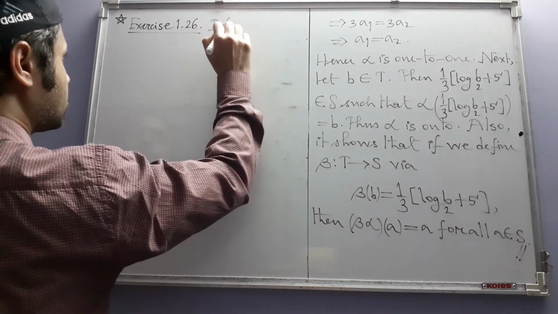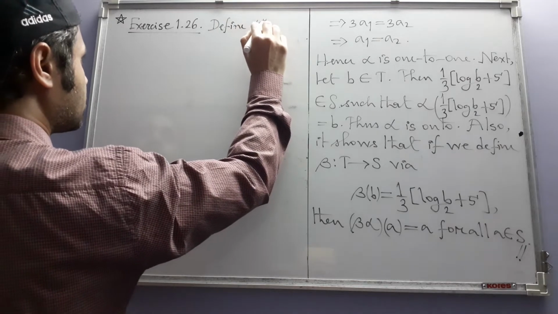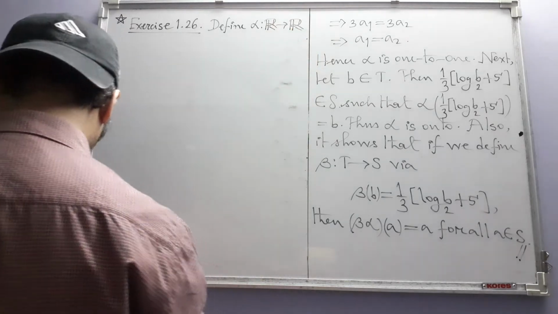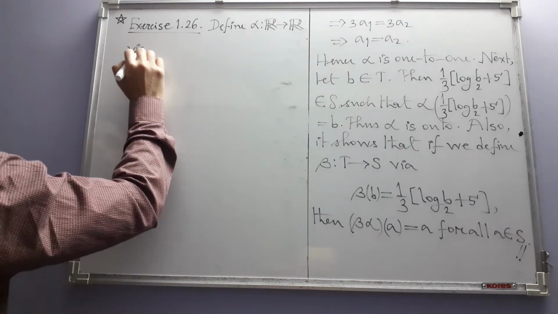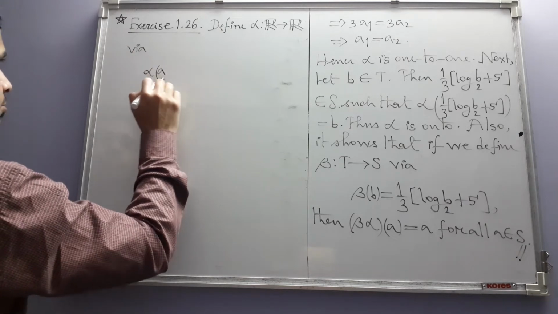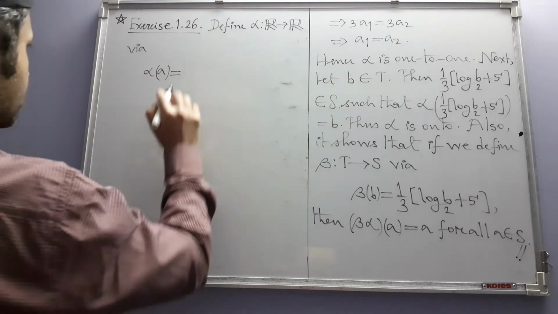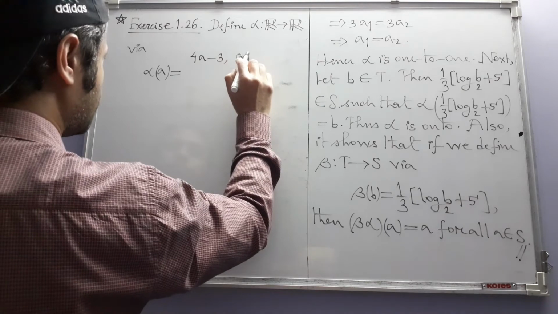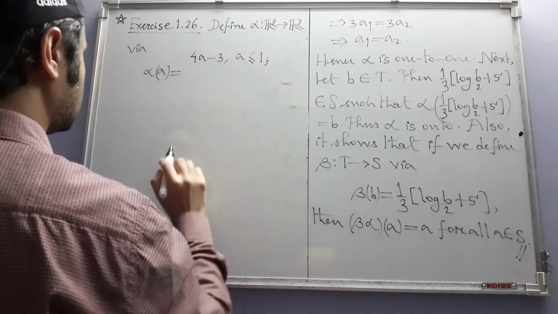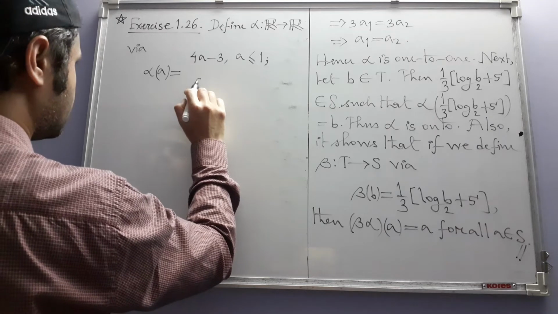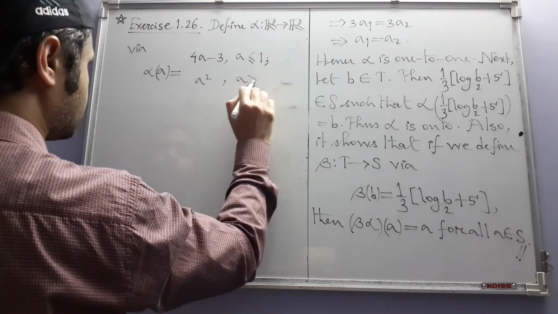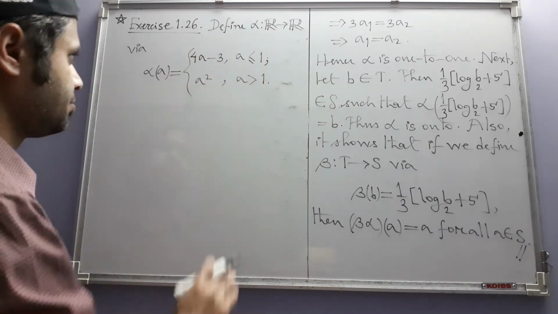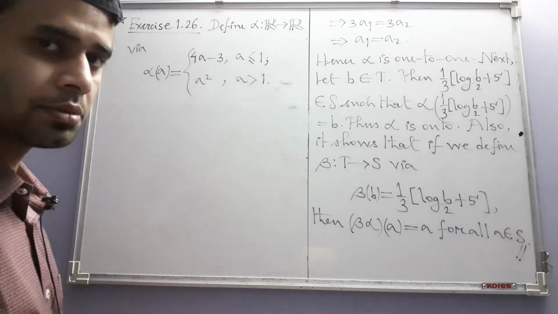Define alpha from R into R via this formula. Alpha of a is defined to be 4a minus 3 when a is less than or equal to 1 and is defined to be a square when a is greater than 1. Do not be intimidated by these multiple formulas.